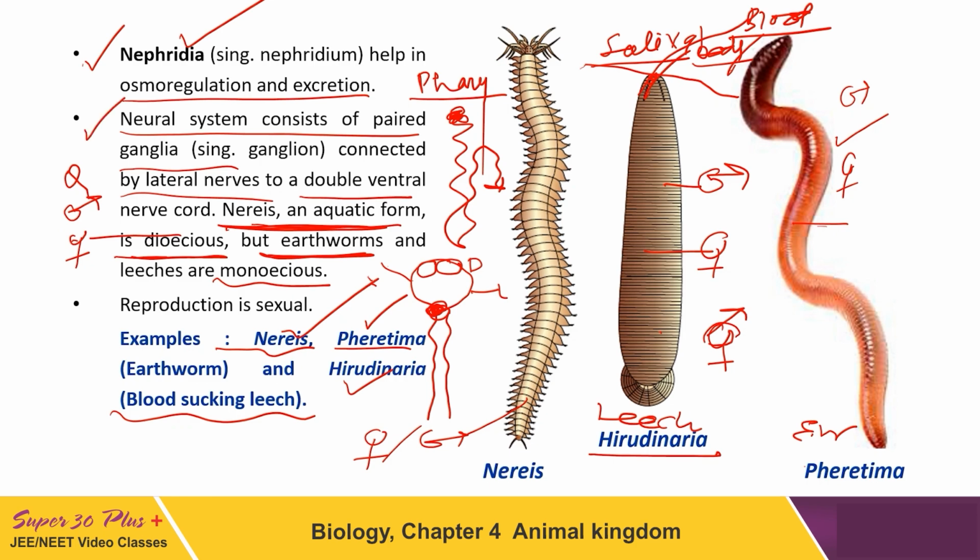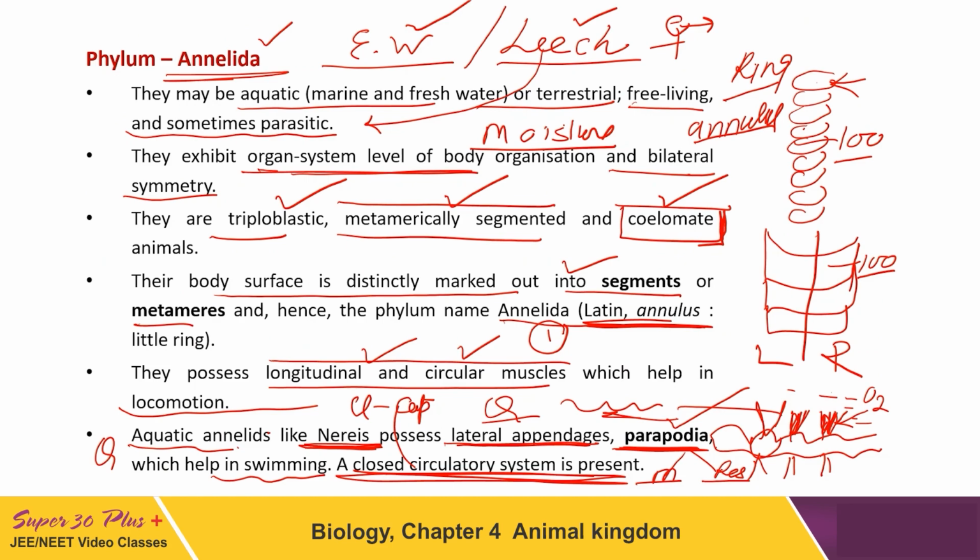I told you there are 2 dorsal ganglia, 1 ventral ganglion, lateral nerves are there, and in each segment there are septal ganglia also. This is the ventral nerve cord. Nereis is dioecious, and these two are hermaphrodite. Is it right? Okay, this is Annelida.